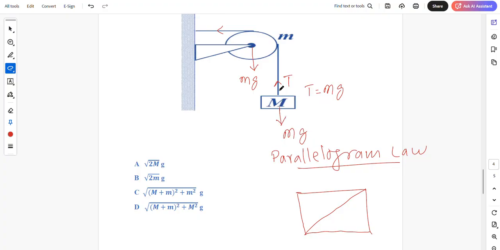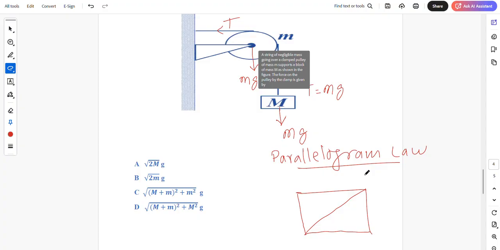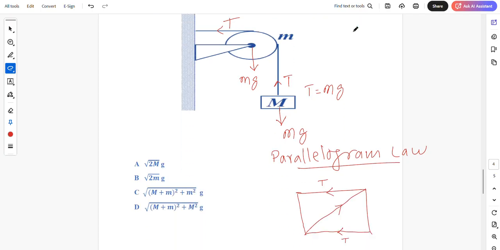This is tension T, tension T. Now you are supposed to find the force, that is, the force on the pulley by the clamp, which can be considered as T dash.